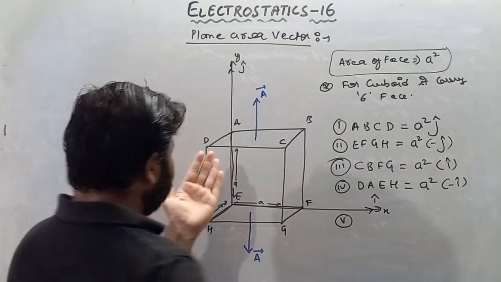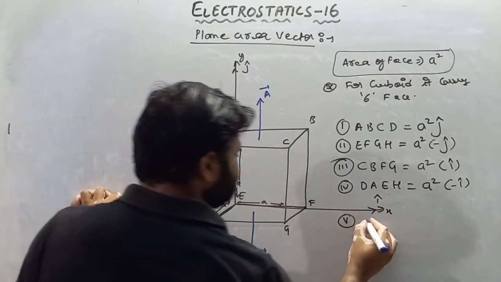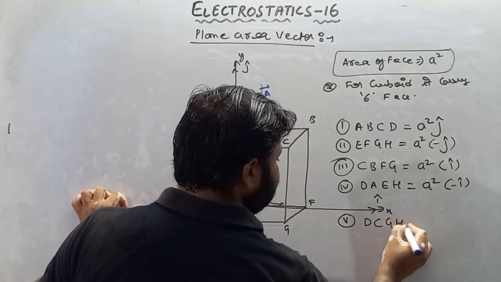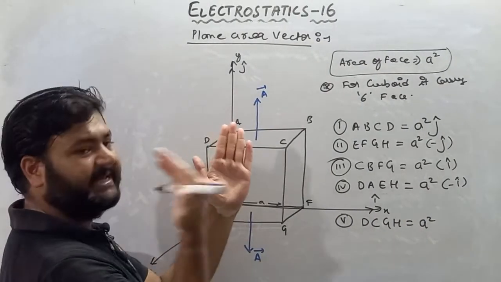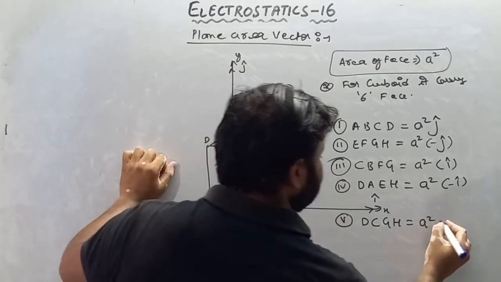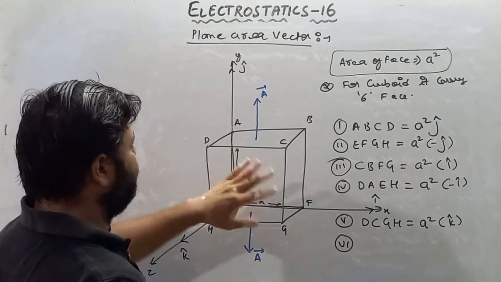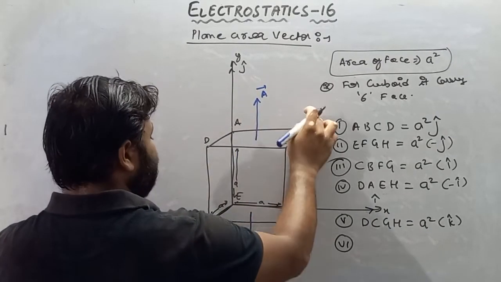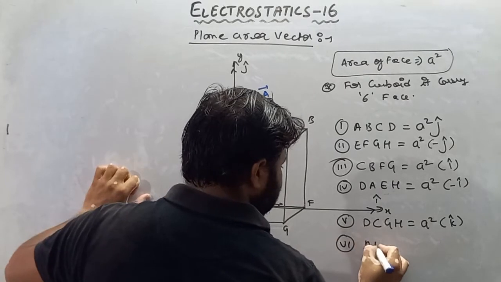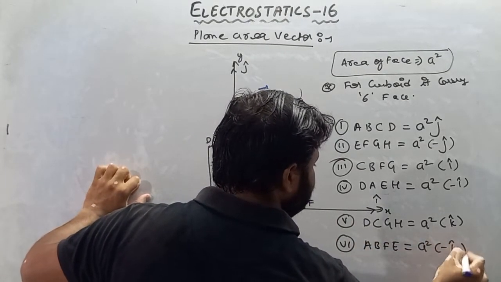Similarly, the 5th face, the front face, is DCGH. Its area is a square and its direction is towards the positive z-axis, so I'll write it as k cap. The 6th face is the backside of DCGH, which is ABFE. It is a square and minus k cap.